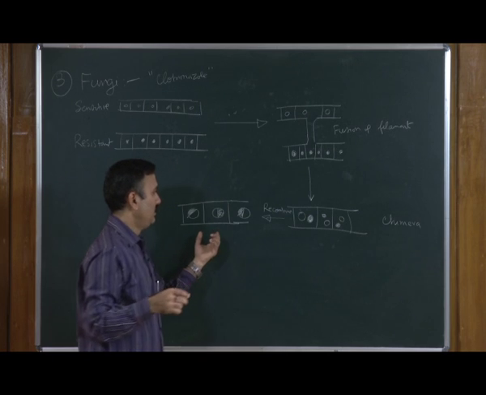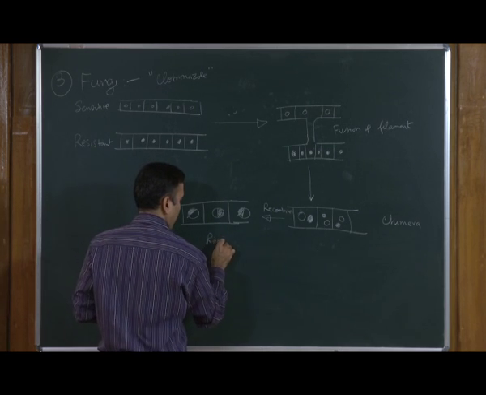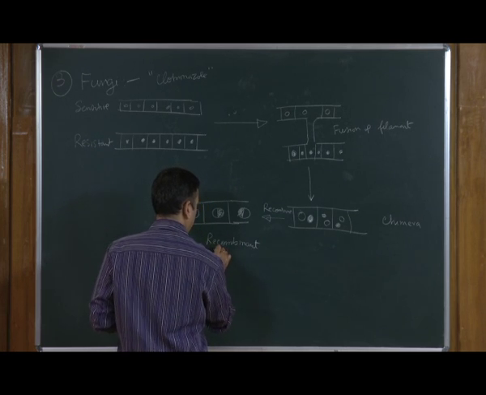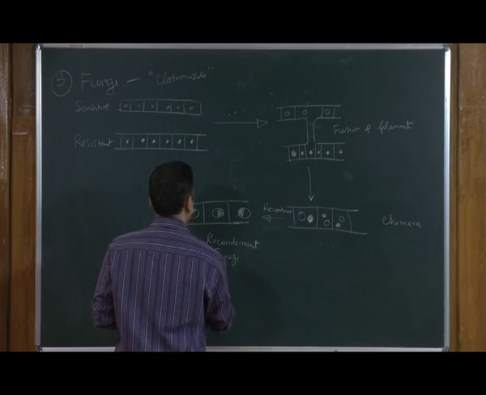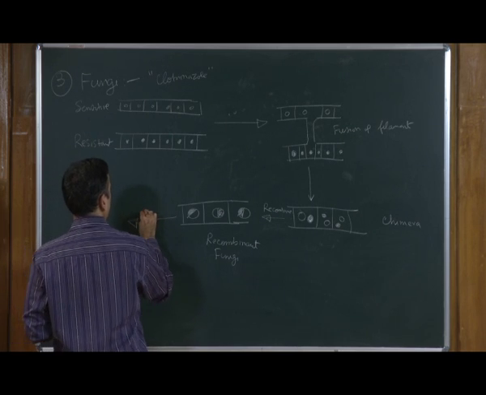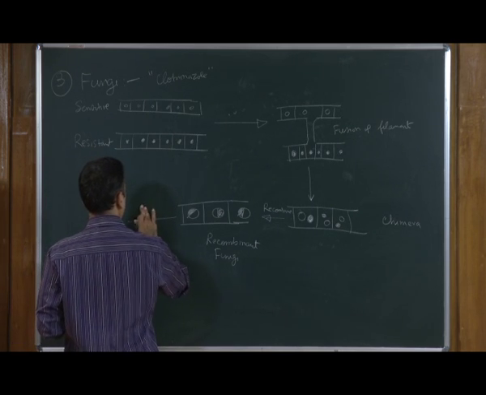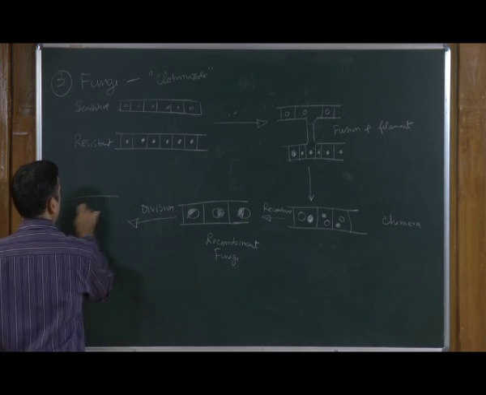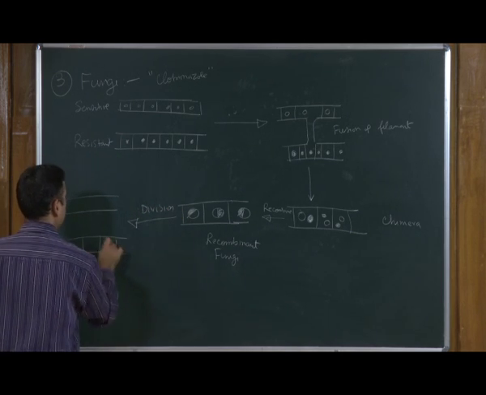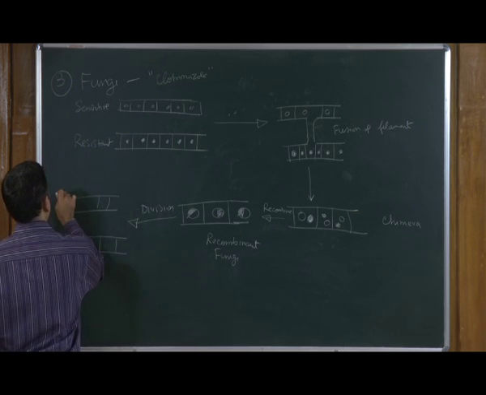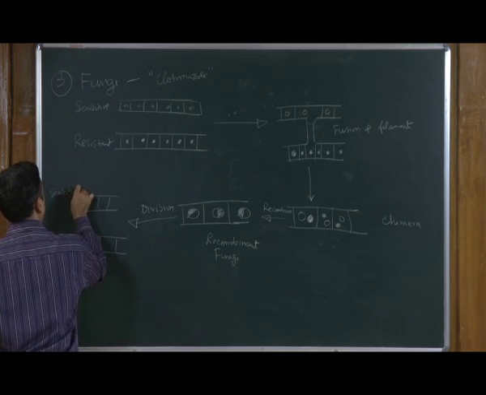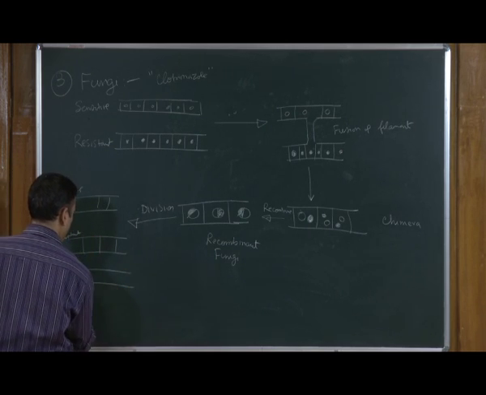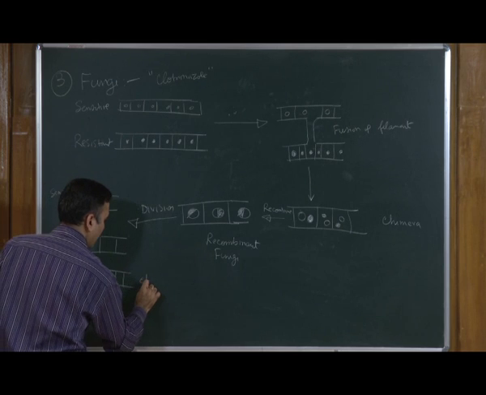Okay. So, then this is a recombinant fungi, okay, and this will go through division, okay, and then eventually you are again going to have the sensitive and resistant, and you can have the chimera.